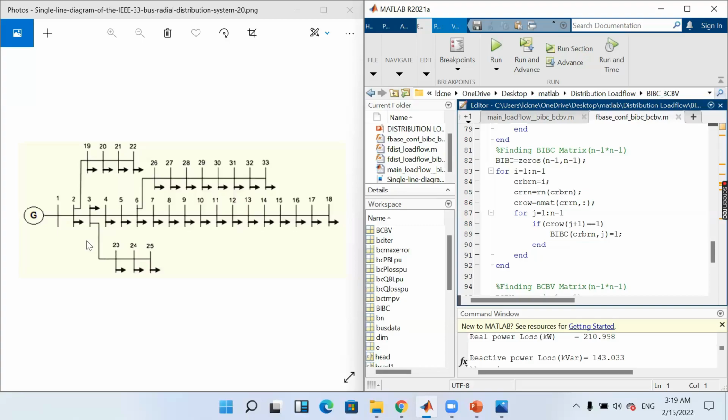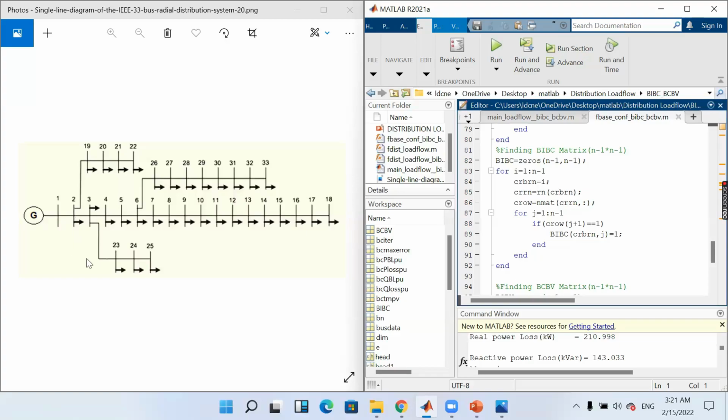When we consider the second row, all the columns have value 1 except column 1. The power flowing through the second bus must be equal to the power flowing through the first branch, and the interrelation between the first branch and the second bus is that the receiving end of the first branch is the second bus.